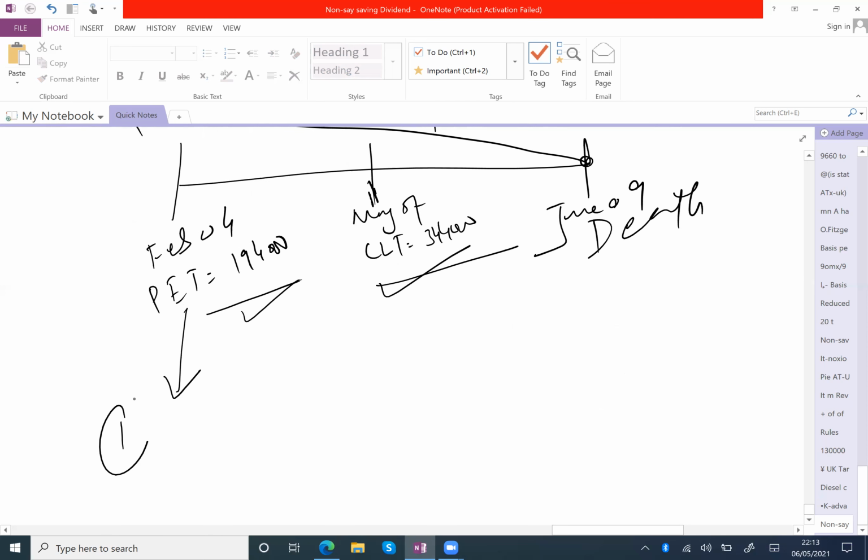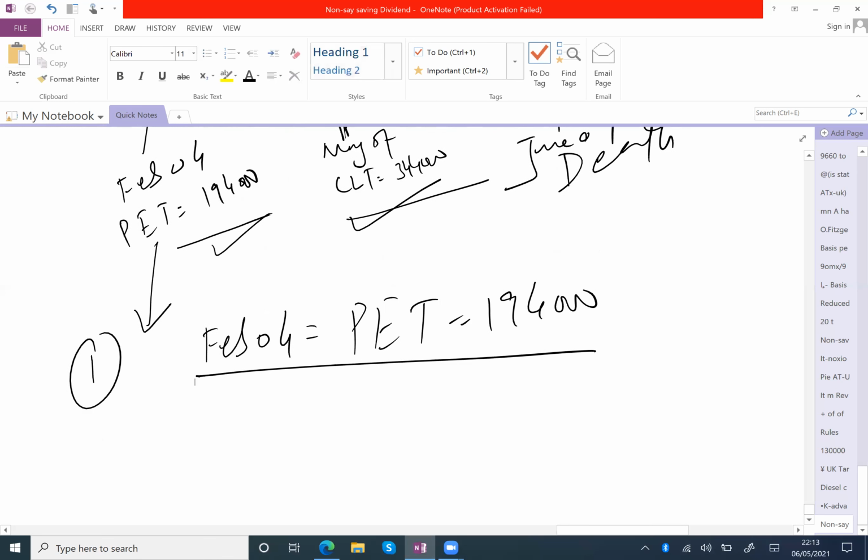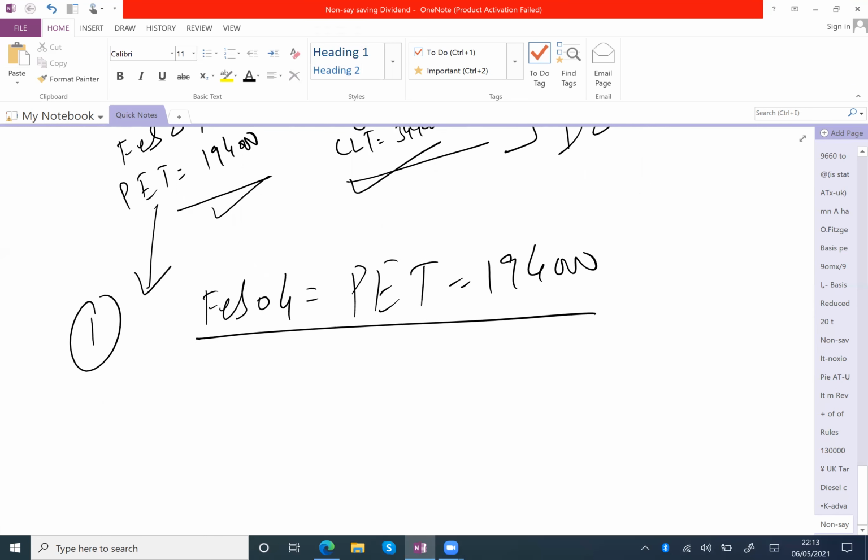So first, on the PET, calculate the death tax. February 04, PET, 194,000 value. From the timeline, I'm just making a heading. At the time of death, the PET value decreased. So on this PET, fall in value relief is available.